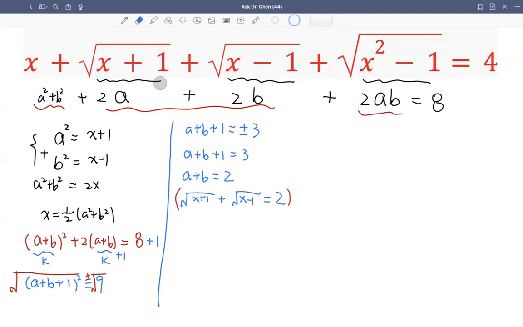Let's only do one side actually. So a plus b equals 2. Now let's multiply by its conjugate. Its conjugate is square root of x plus 1 minus square root of x minus 1.